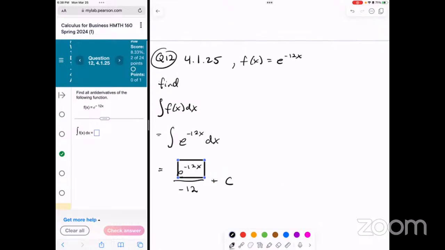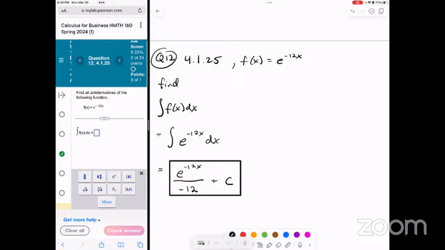So then this is e to the -12x over -12, or we could move that negative, but that's fine, plus some constant of integration.